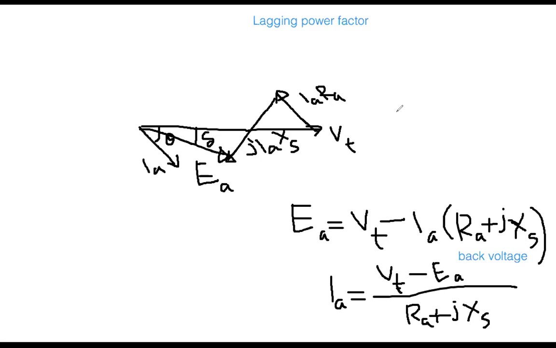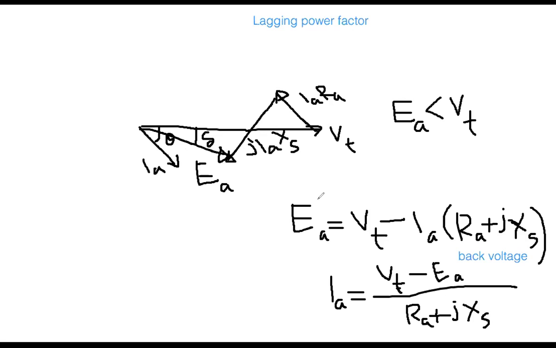In this case, EA is much less than the VT. We got that conclusion. If this is the length of VT, then this is the length of the EA. This is not perfect as I drew by hand, but still in real practice, you will get this conclusion.